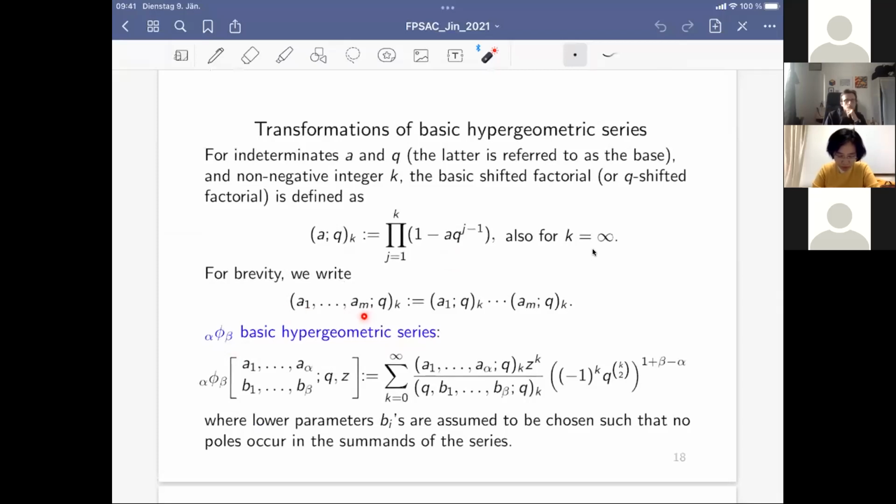And given a sequence of indeterminates A1 to AM, we can define it as a product of these Q Pochhammer symbols. And alpha phi beta is this basic hypergeometric series. Note that these parameters are chosen so that there are no holes in the segments of the series.